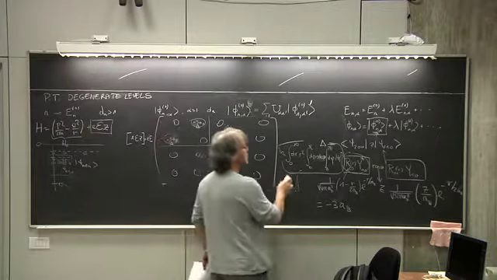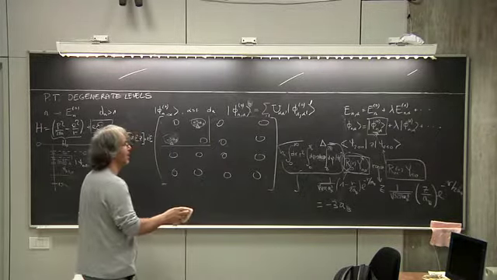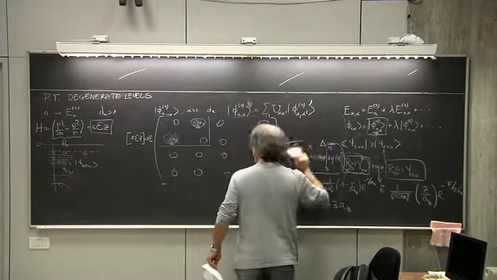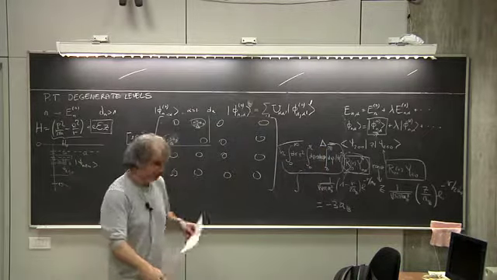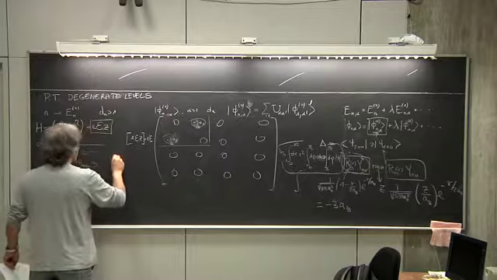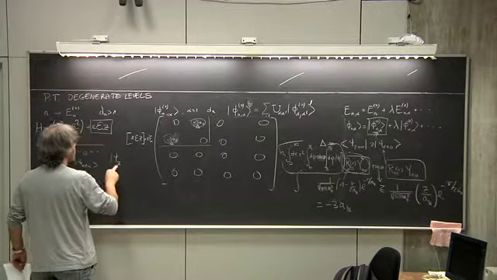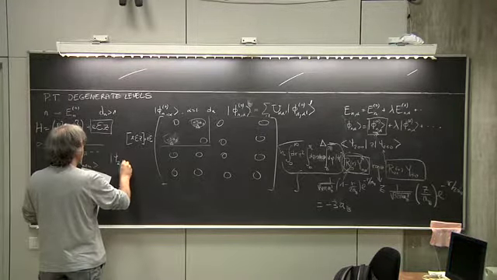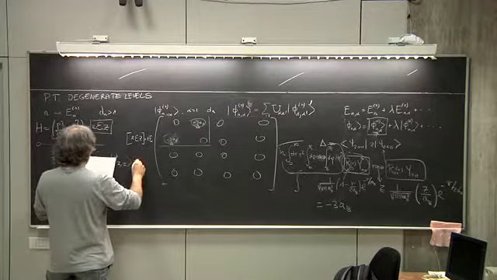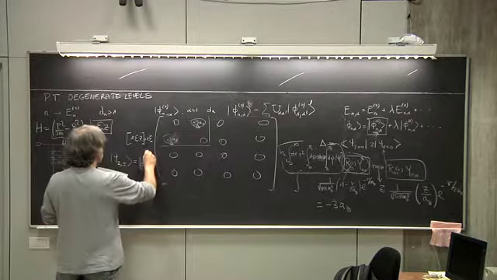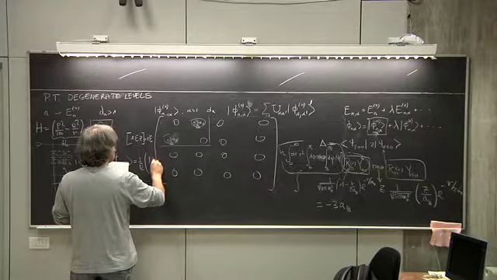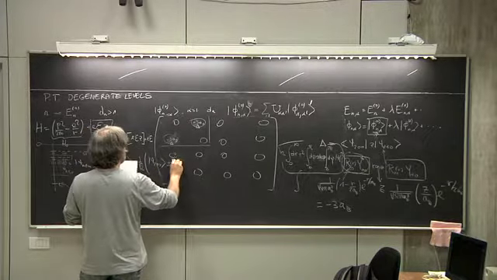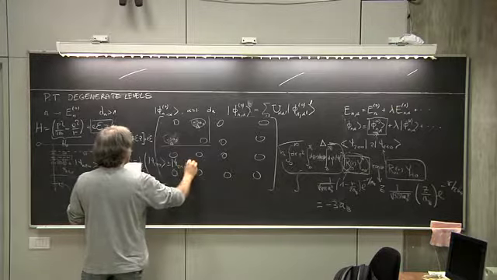So you define 2 new states. They are classified still by n equals 2, but I call them plus or minus. And they are 1 over square root of 2 the psi 2, 0, 0 plus or minus the psi 2, 1, 0.